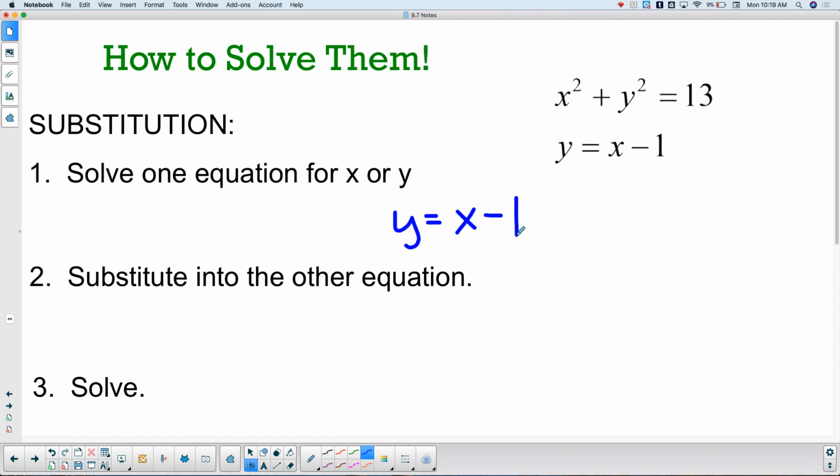Step number 2 says, now what you're going to do is substitute that into the other equation. So my other equation was x squared plus y squared equals 13. But y is now x minus 1.